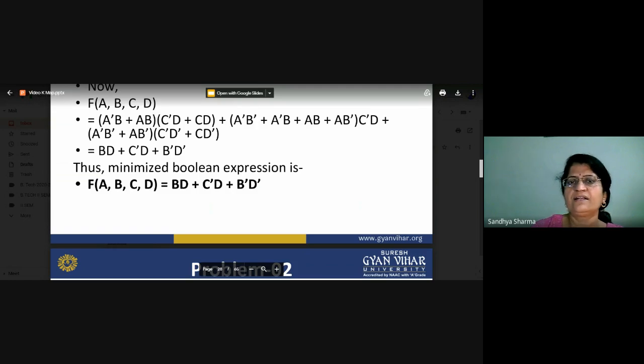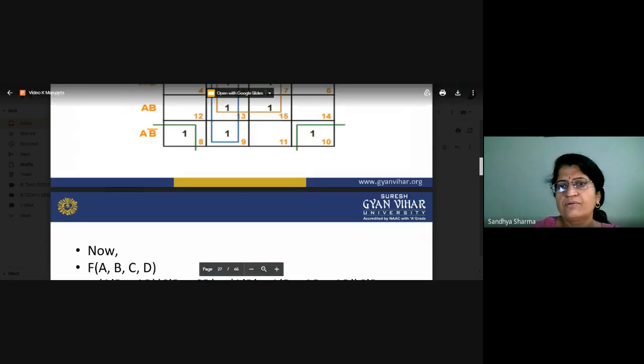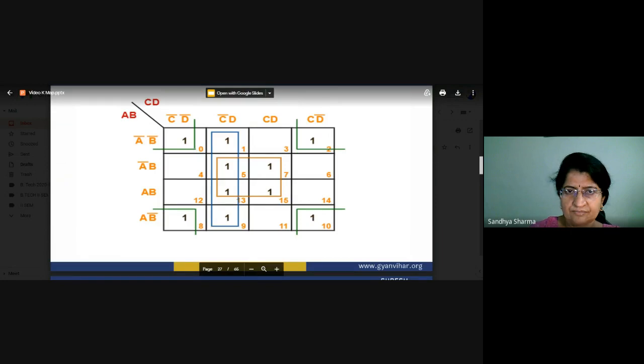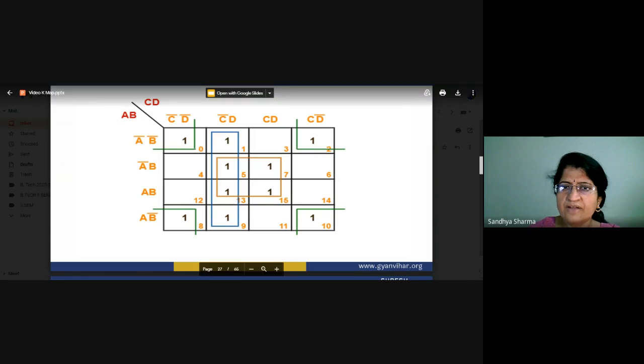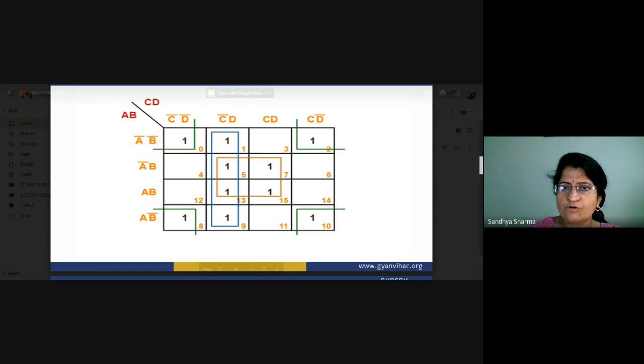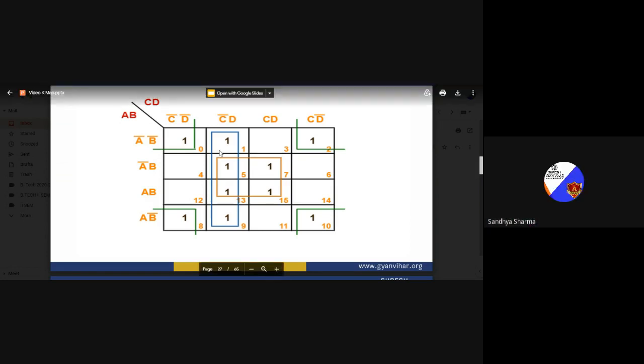What will happen here? These are not common, but C dash D is common to these 4. Okay, just see here. In four quads, C bar D is common to every cell, and these 4 cells are varying. So what is the equation?